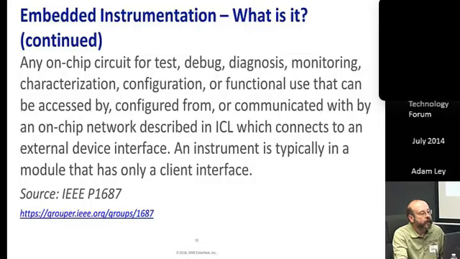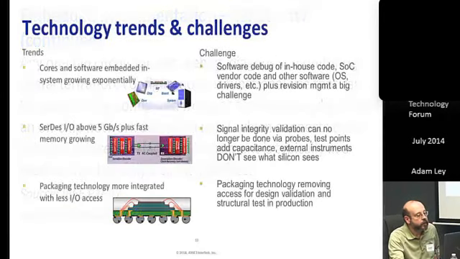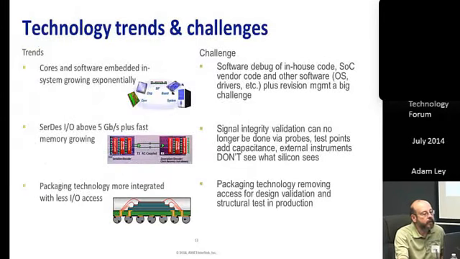What are some of the technology trends and challenges that we're facing? Of course, the abstract mentioned Moore's Law, the cores are becoming ever more expansive and dense. The software that's involved is also growing in complexity.